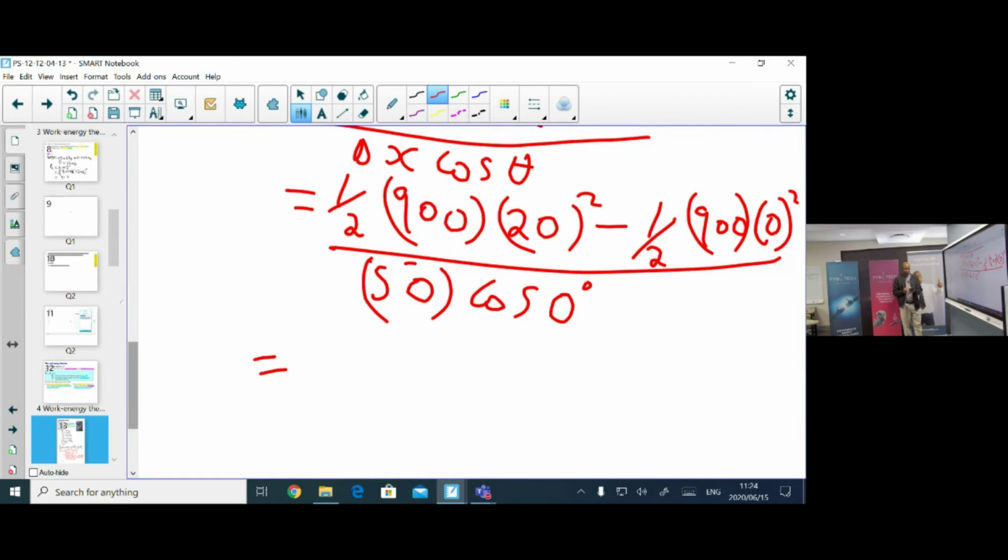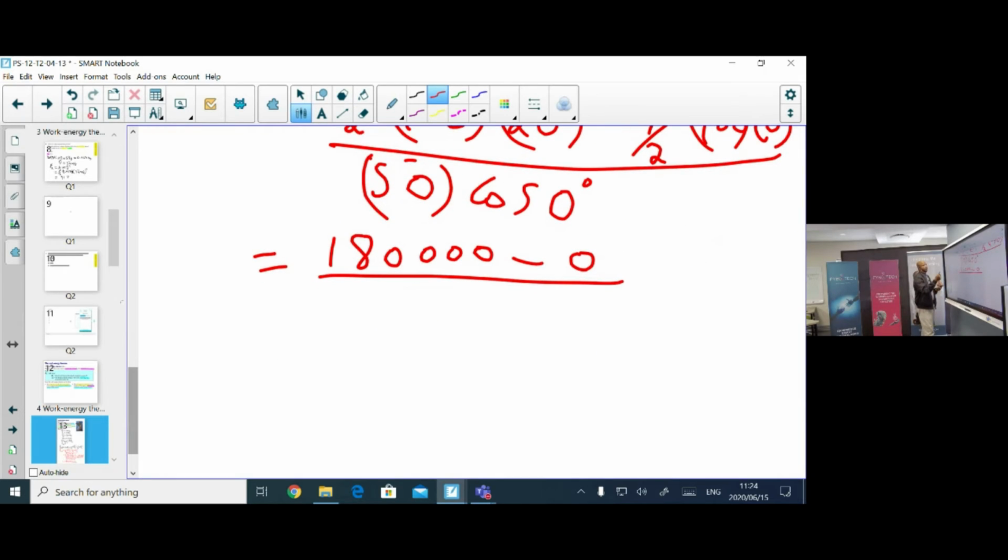We have 900 times 20 squared over 2, which is 180,000, minus 0, and then we have divided by 50.